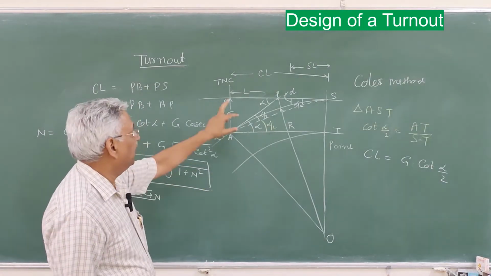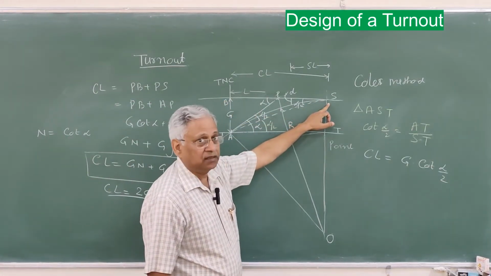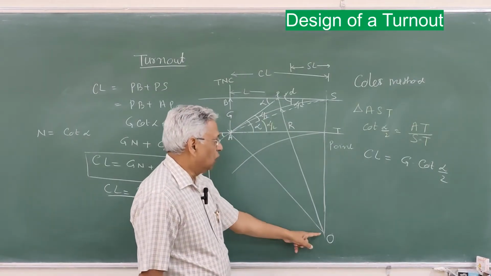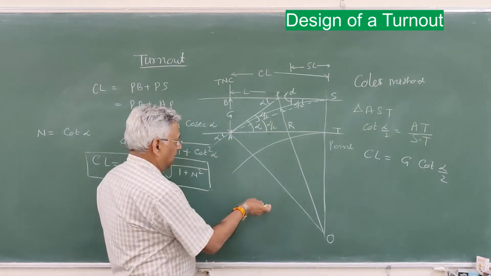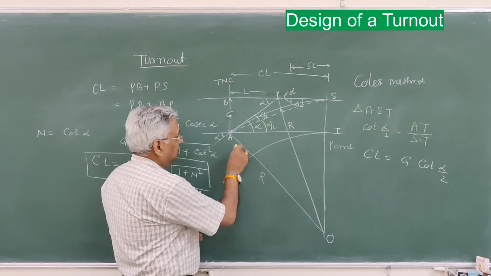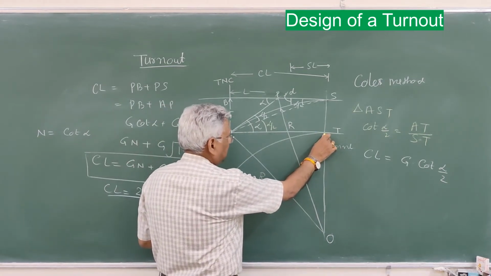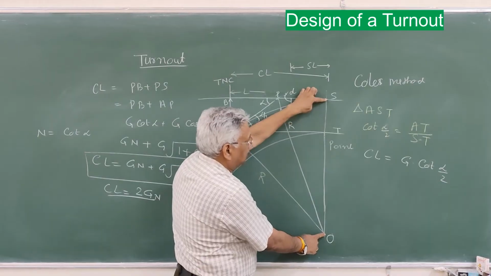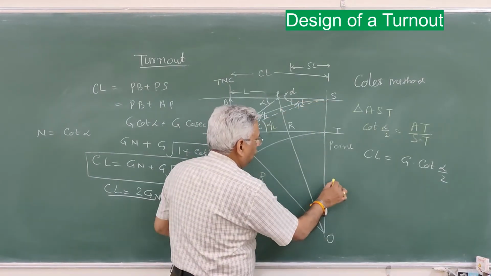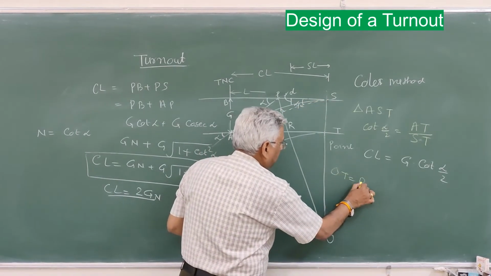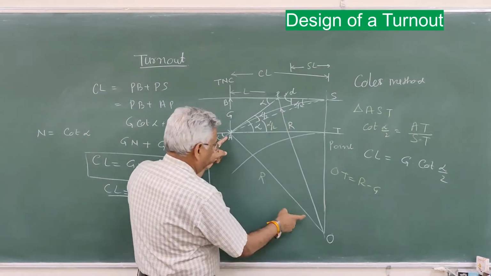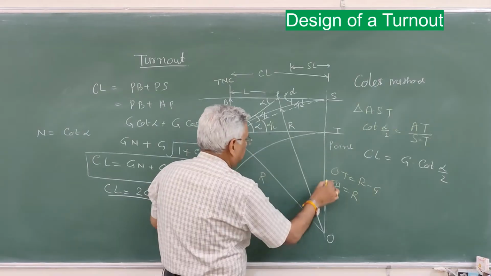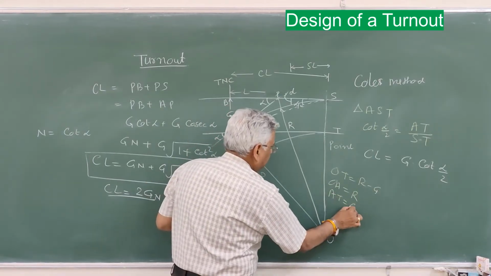Similarly, we can find this CL by the third method also by considering this triangle ATO. Now this is R, this is CL AT, and this is the radius, total radius minus the gauge. So OT is R minus G, OA is R, and AT is CL.